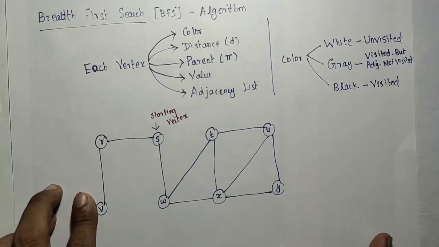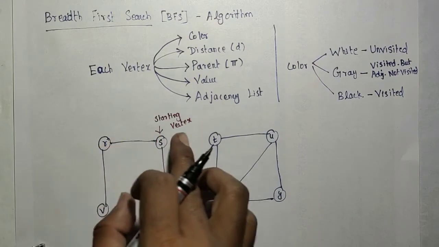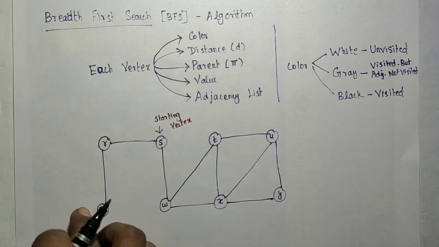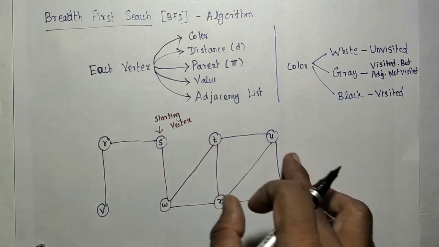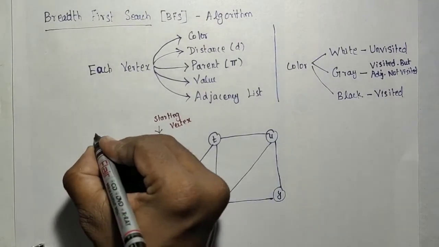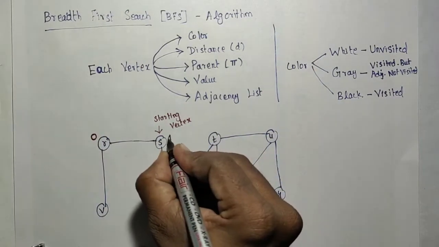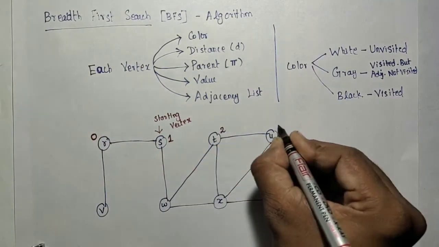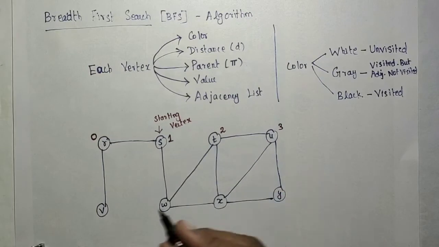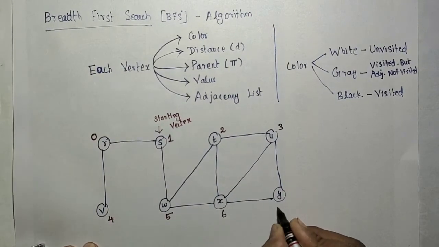For simple understanding and for easily converting that into code, we are going to write an index for all the nodes, all the vertices. The first node R, we assign index 0, then 1, 2, 3, and in any order you can write 4, 5, 6, 7.